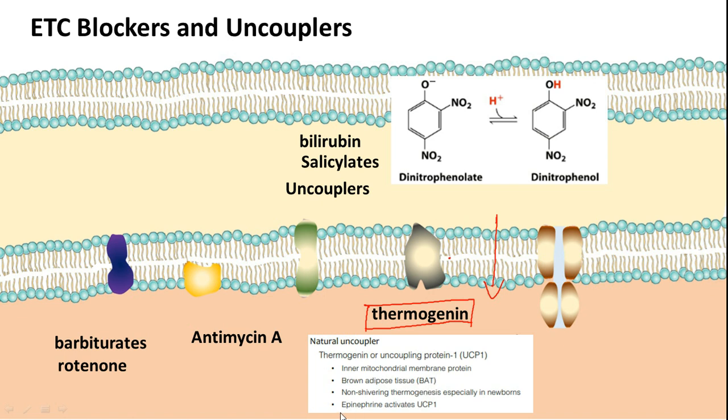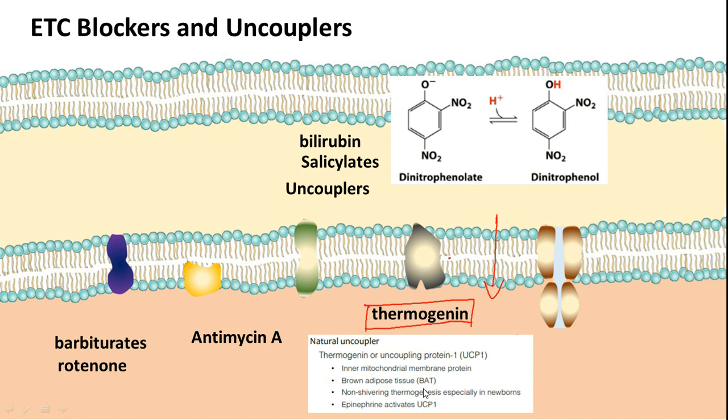So here non-shivering thermogenesis, especially in newborns, thermogenin is utilized, and epinephrine actually activates uncoupling protein 1. These are some of the significant features of thermogenin.